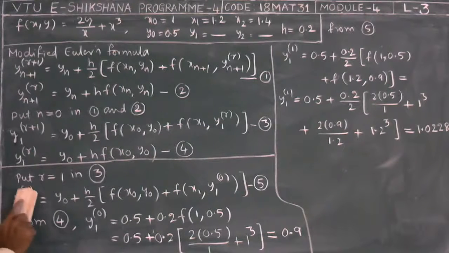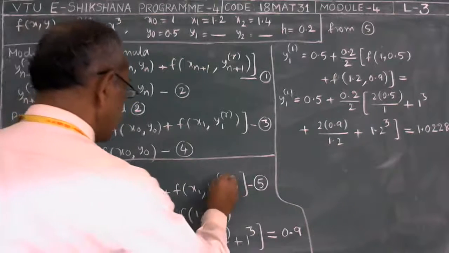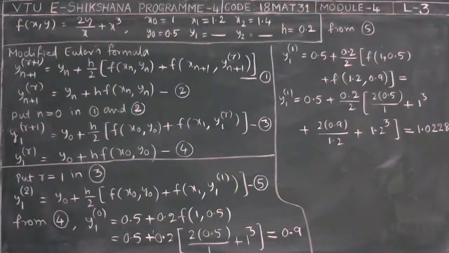So what you get? r is equal to 1 means y12, everything same. When r is 1, you get y1 1 here. So let me substitute.